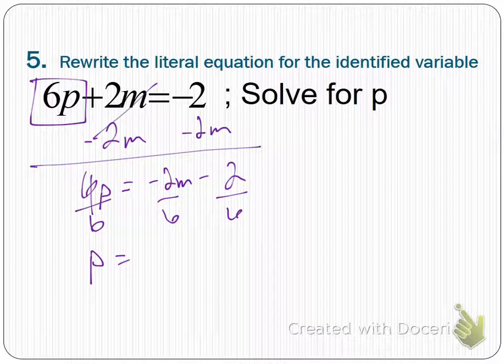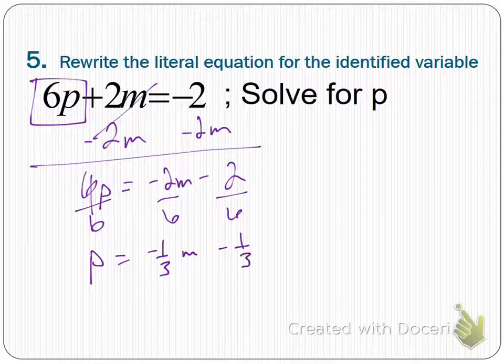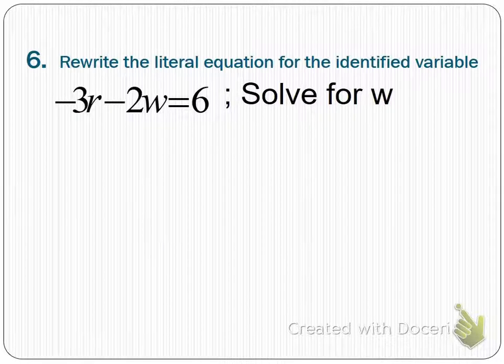All right? 2 over 6 is 1/3. Do not make this 3m and negative 3. You reduce those into fractions, 1/3. Okay, so be careful about that. And there you go. Right? It shouldn't matter what variables we have in the equation. It shouldn't matter what variable you solve for.